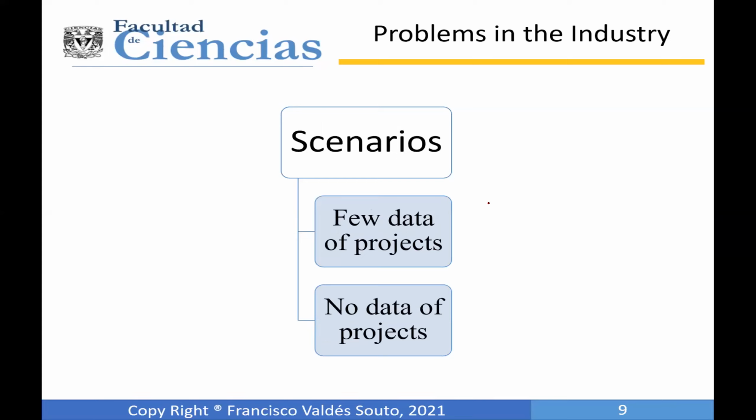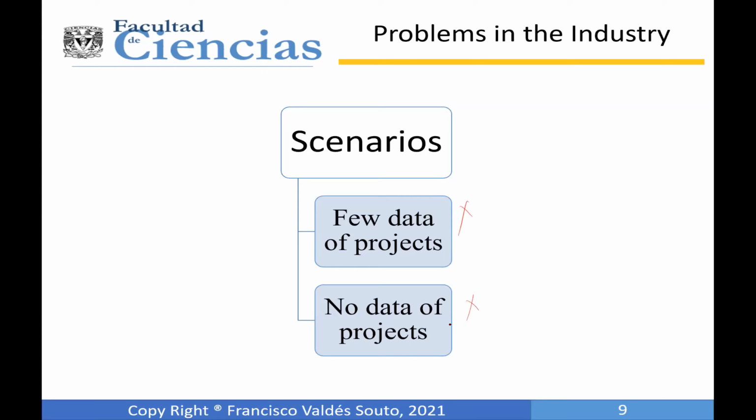Considering the lack of data points in the data set with functional size measurement, we have two scenarios. Independently of whether they are using functional size measurement or not, the organizations have very little data, or there is no data at all.